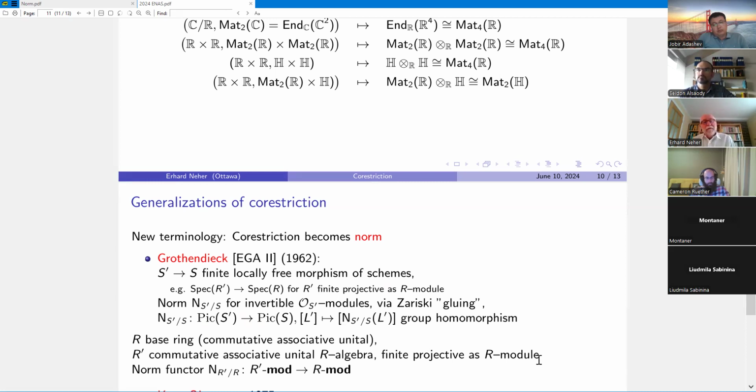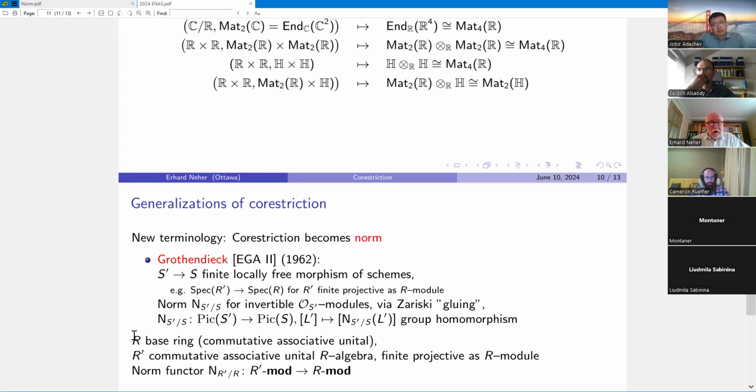Now, there have been other generalizations which work in the affine setting, where one uses a base ring R and a commutative associative unital R-algebra, which is finite projective as an R-module.